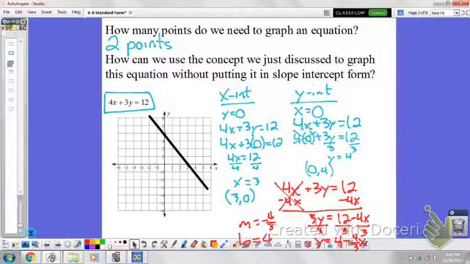So I go over to my graph, begin with my b up at 4, and I need to have a slope of negative 4/3, so I can go down 4 and run 3 to the right, putting me right on my line. So there we have it. Our line is correct.